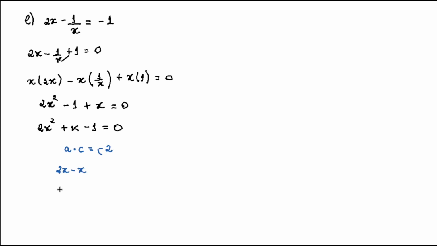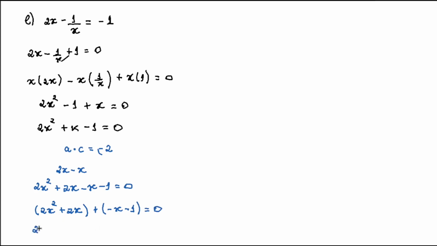Now we can rewrite the equation substituting the middle term by 2x minus x. We have 2x squared plus 2x minus x minus 1 equals 0. Then we group the terms into pairs. 2x squared plus 2x plus minus x minus 1 equals 0. Factor the greatest common factor in the first pair.